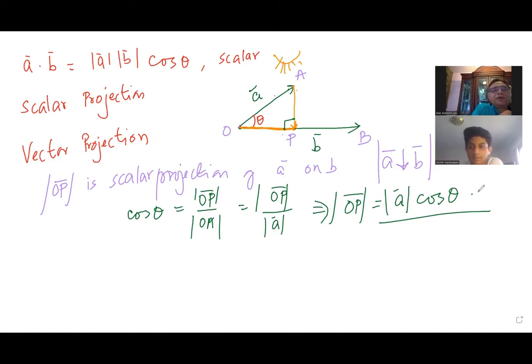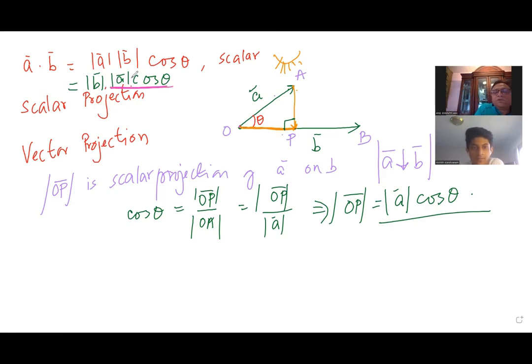Now, if you relate to the dot product, you see A cos theta. Let's rearrange this formula. So we could write A dot B as magnitude of B times magnitude of A cos theta, correct? Correct. So scalar projection is this part, A cos theta.